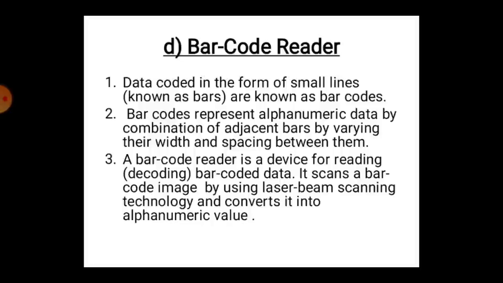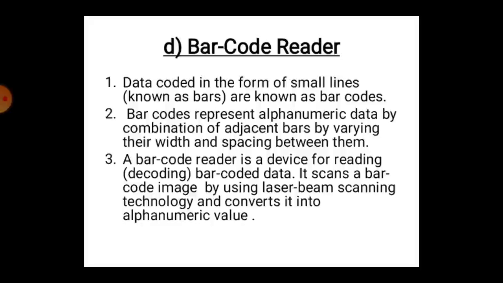So these are barcodes. Barcodes represent alphanumeric data by a combination of adjacent bars, varying their width and the spacing between them. So these barcodes are recognized, whether it is an alphabet or a number, by knowing the width of the bars and the spaces, how they are spaced.